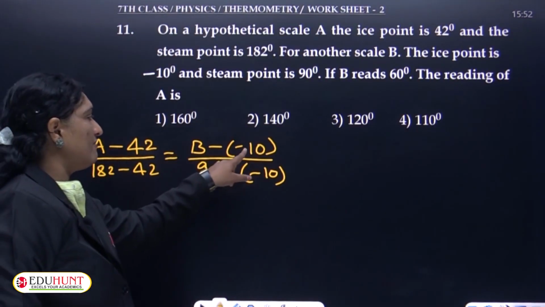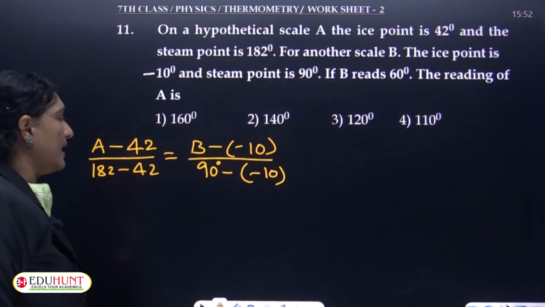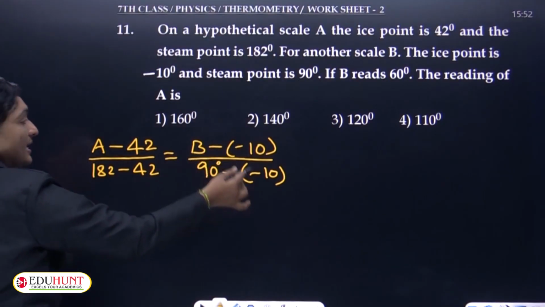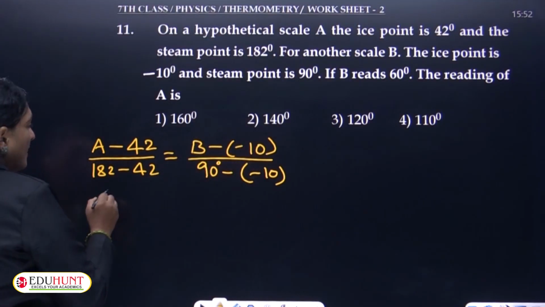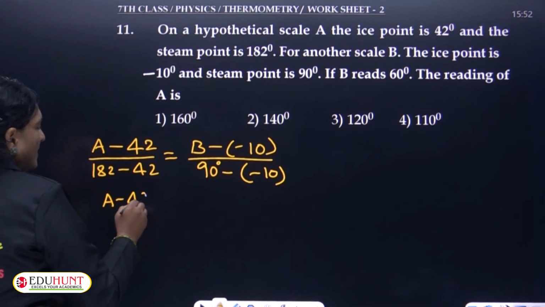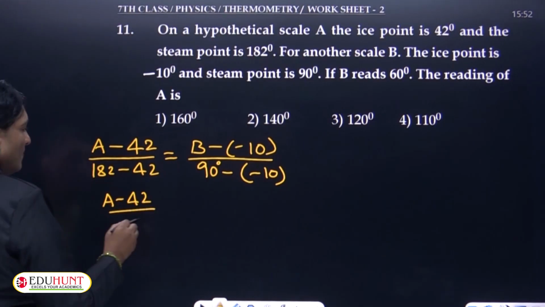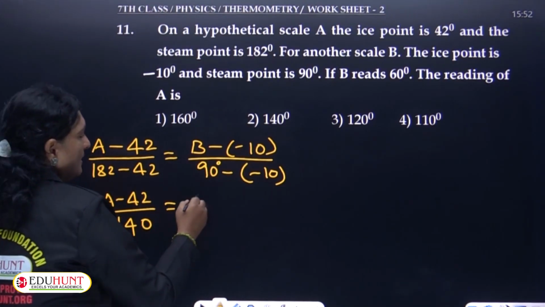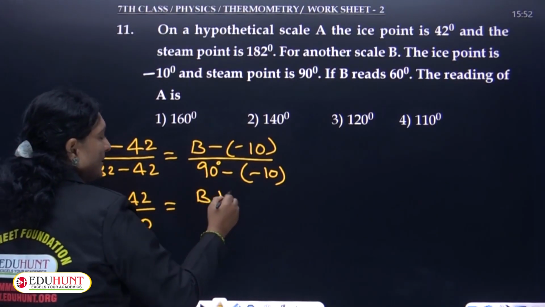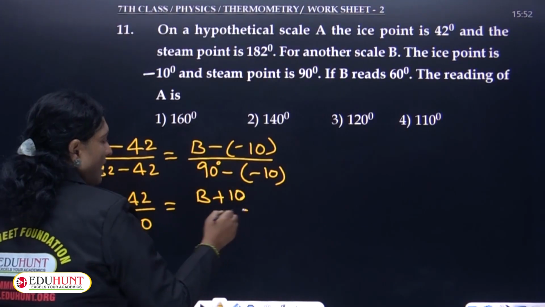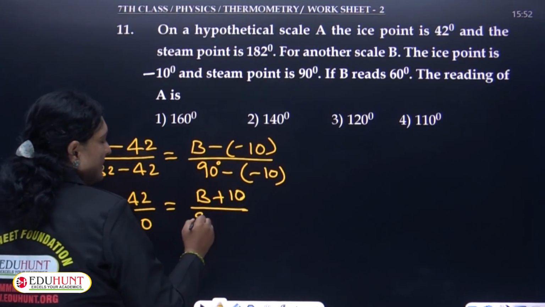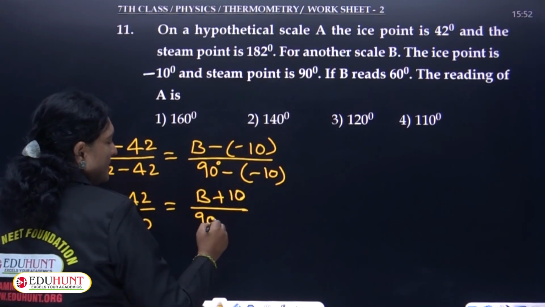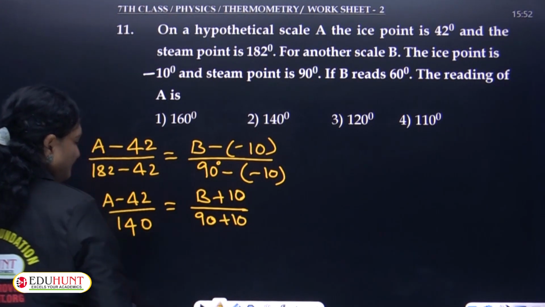So (B minus LFP) upon (UFP minus LFP), where LFP itself is given as minus 10. Hence, solving this, (A minus 42) upon 140 is found to be (B minus minus 10), and minus and minus will become plus, upon 90 plus 10. Again, minus and minus will become plus 10.